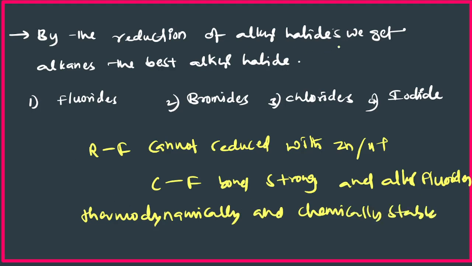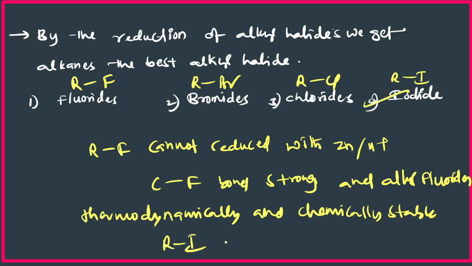By the reduction of alkyl halide, we get alkane. The best alkyl halide is iodide, chloride, bromide or fluoride. Alkyl fluoride cannot reduce, so that option is not correct. Bromide, chloride and iodide can all reduce to alkane. So which is the best? Which is more reactive?